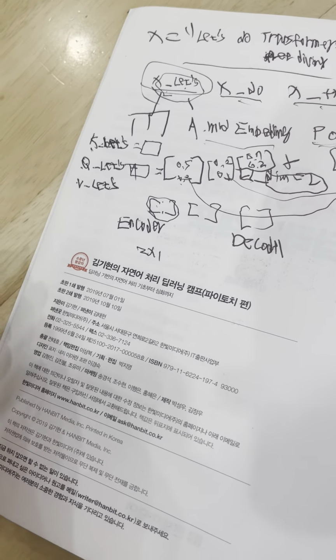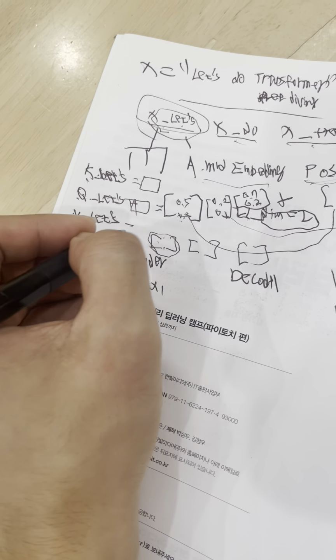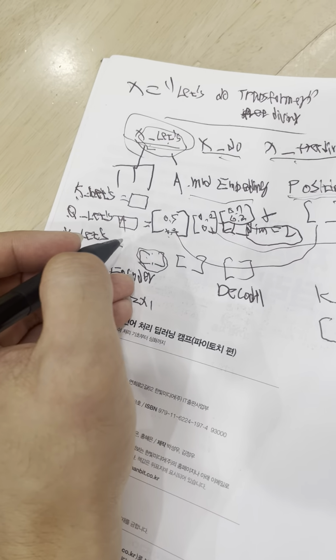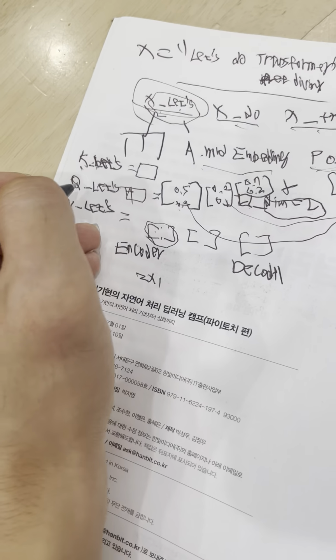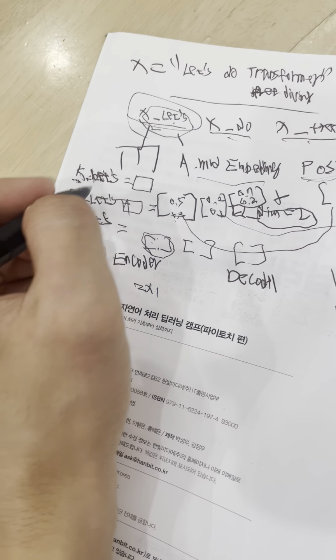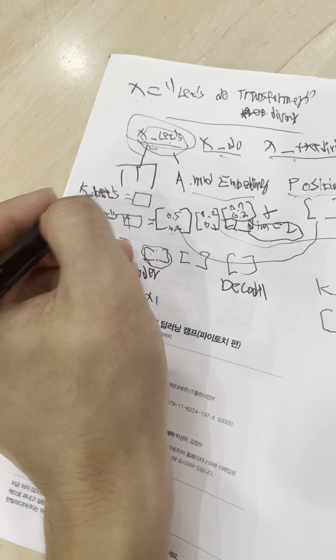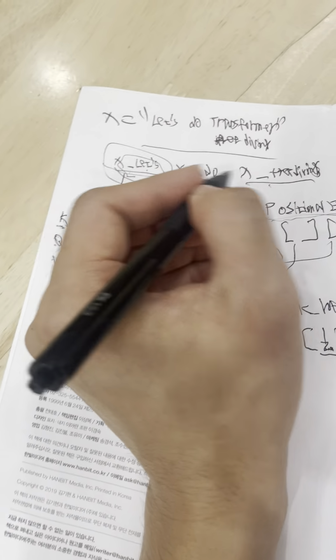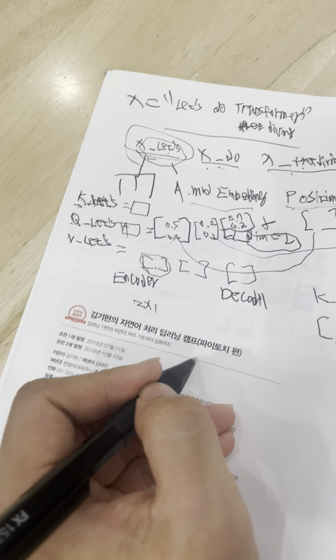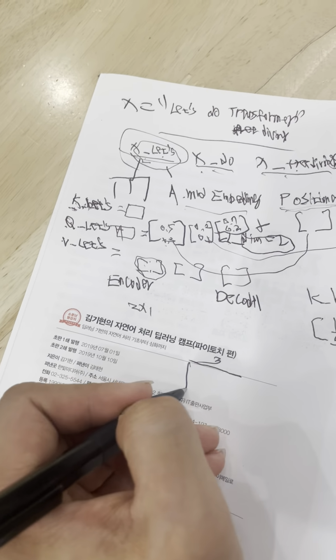Then what we will do is keep the value matrix. And with the key matrix and query matrix, we have key and query for let's, and there will also be key and query for do, and key and query for free diving. What we are doing is making a 3 by 3 matrix.